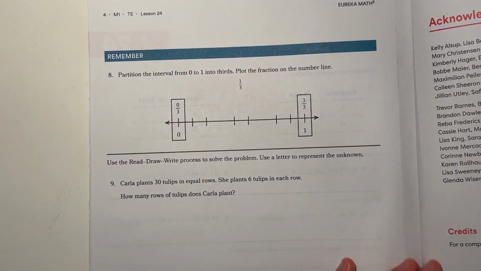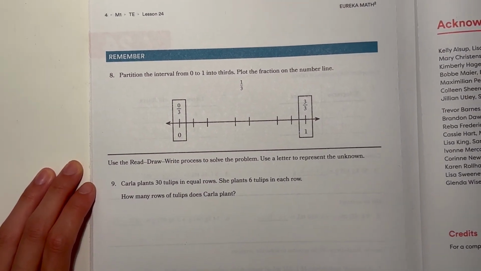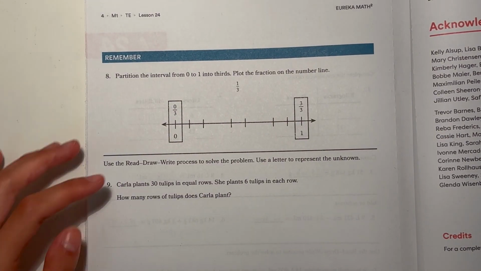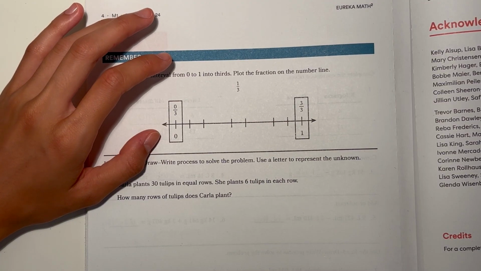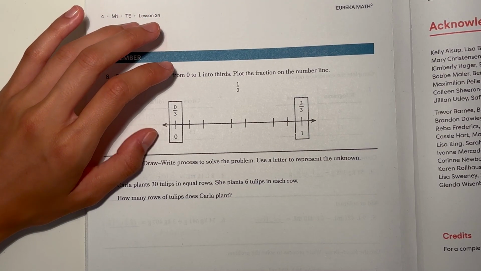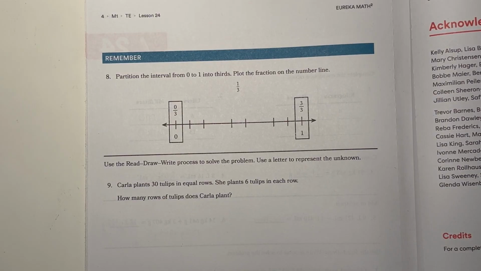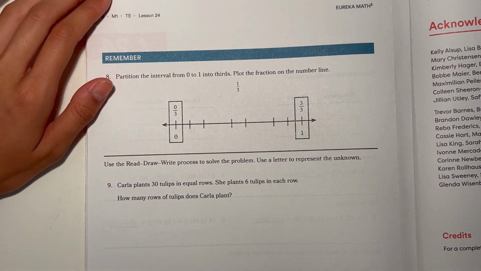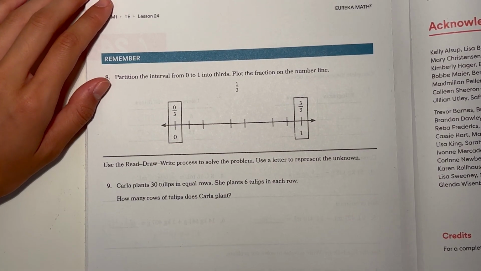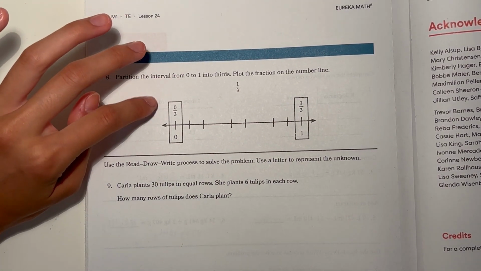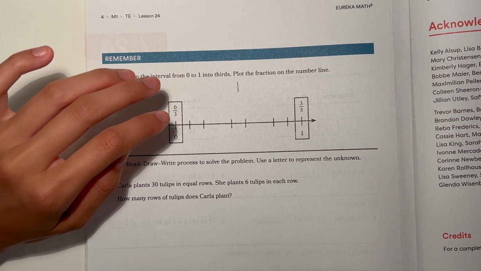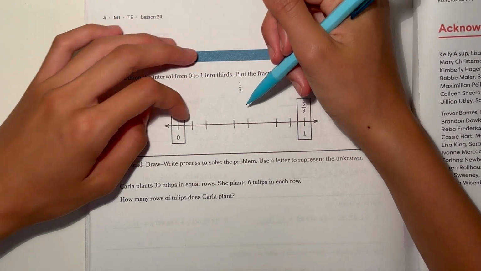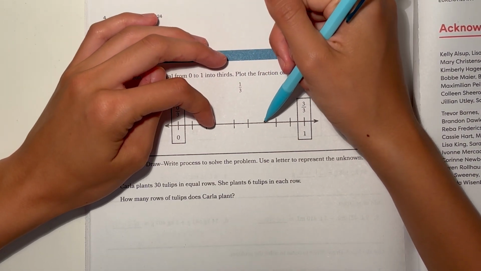Alright, now number 8, partition the interval from 0 to 1 into thirds. Okay. So plot the fraction on the number line. Alright, so we need 0 thirds to 3 thirds, so that should be 2 lines in between, and those parts need to be equal.